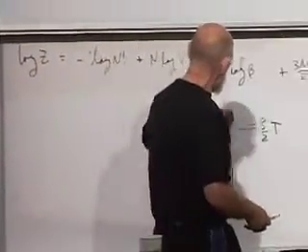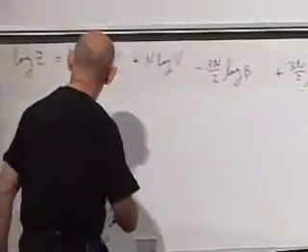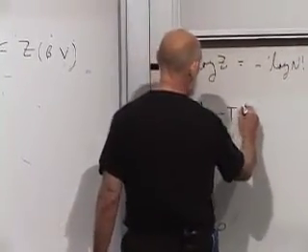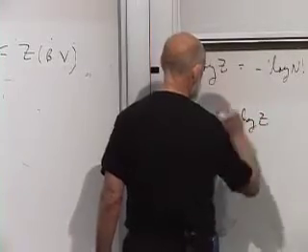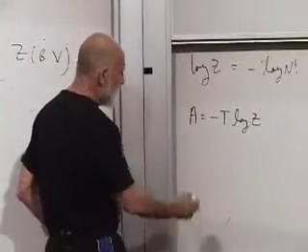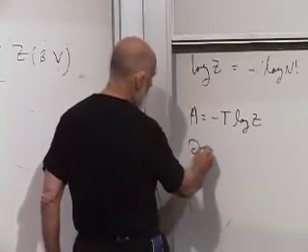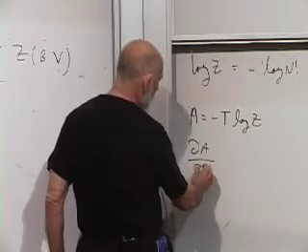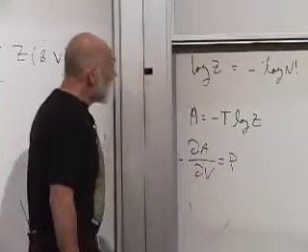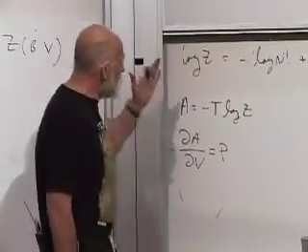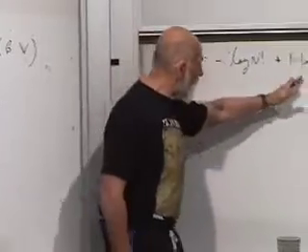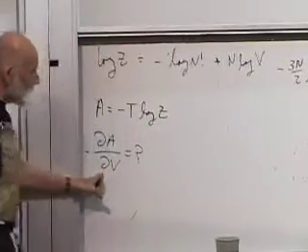First, we need the free energy, A. A is equal to minus T log Z. And we want to differentiate A with respect to volume; minus that is the pressure. Only the terms which depend on the volume are going to contribute to this derivative.